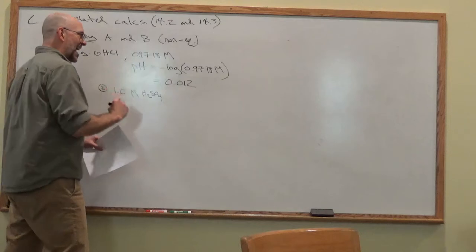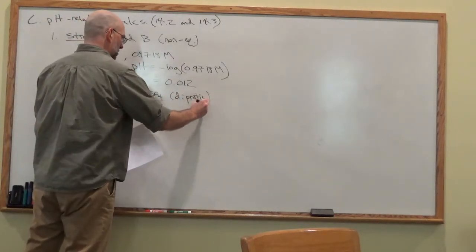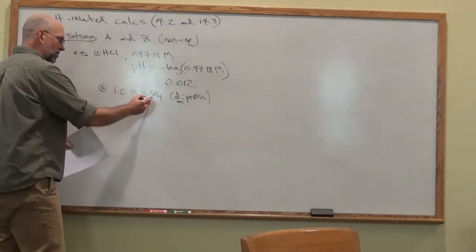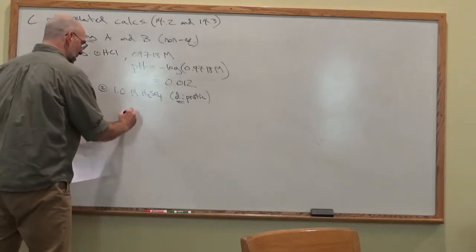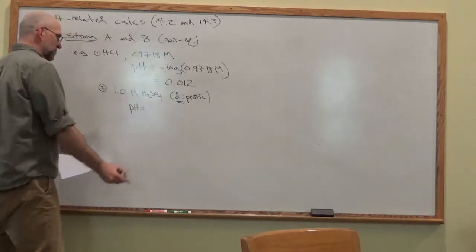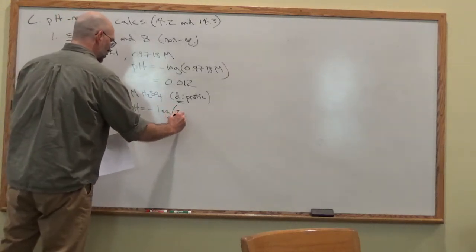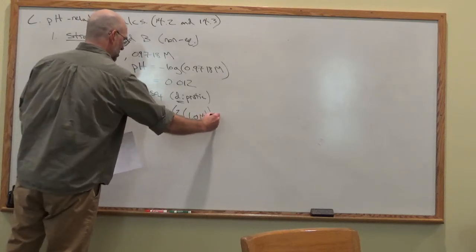H2SO4 is diprotic, so the concentration of the overall molecule is only half the concentration of the H+. In this case, the pH is going to be the minus logarithm of 2 times 1.0 molar.